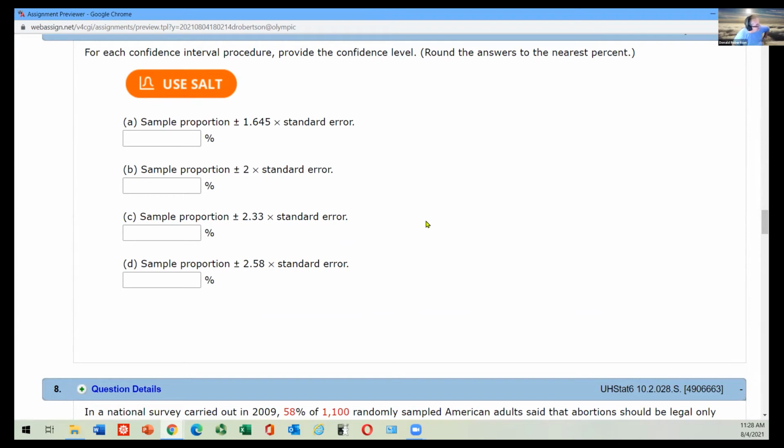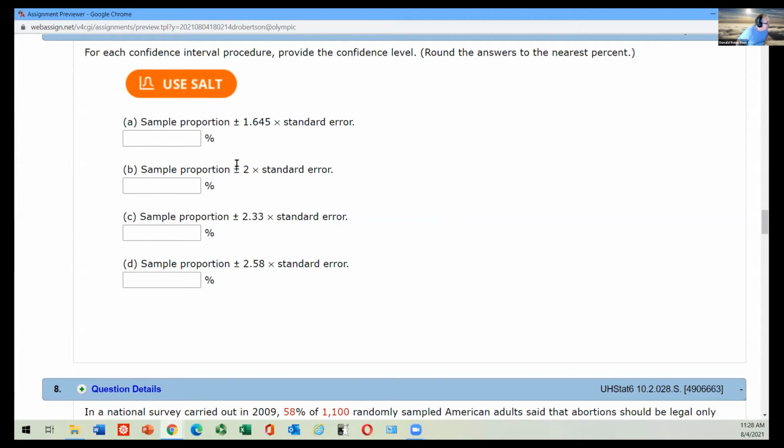Now, here's a back to front question. Here you have equations without any real details. Nobody knows what that guy is. That's p hat. Nobody knows what that guy is. That's the standard error.